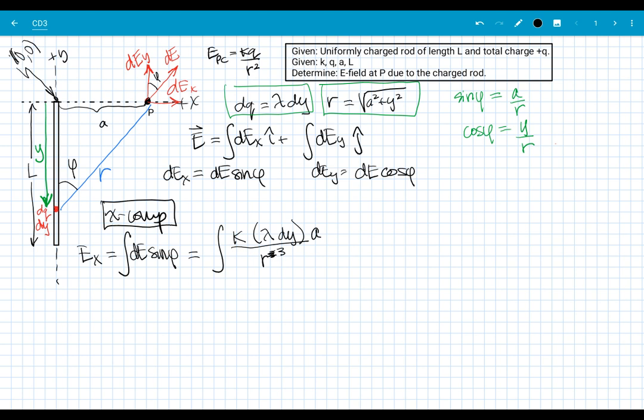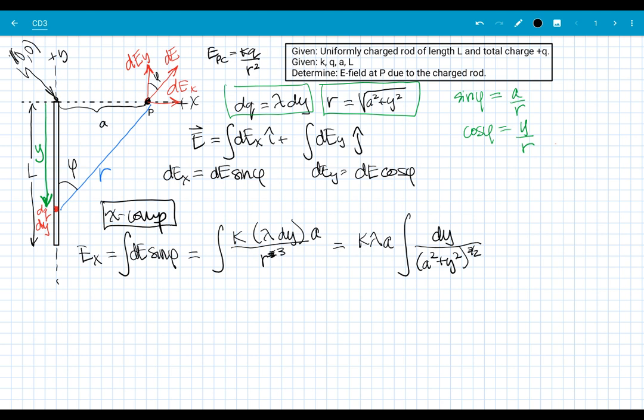Okay, so now I can start thinking about expressing this in terms of y and starting to formalize it a little bit. I can pull my constant stuff out in front. So that's going to be k lambda a, dy over r cubed. So that's going to be dy over a squared plus y squared to the 3/2 power.